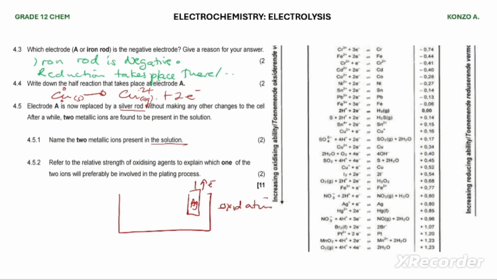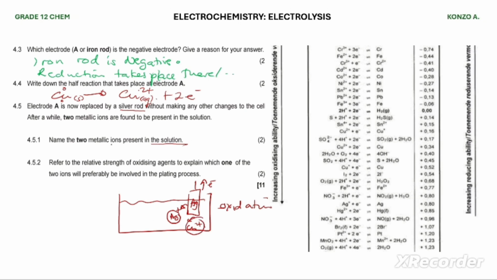If an atom loses an electron, then automatically that atom becomes an ion. It's no longer pure silver. So we now have Ag plus falling off of this, and that's how we lose the mass. Now that means we're going to have some Ag ions in our electrolyte. And remember, previously we had copper, so we expect also to have some copper 2 plus ions in the electrolyte as well.